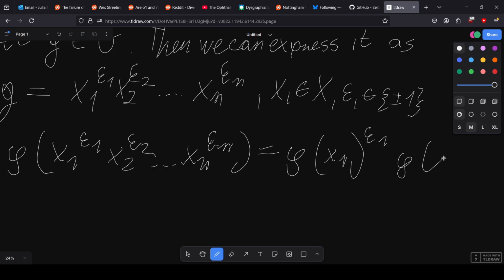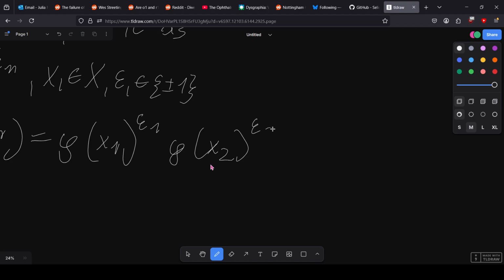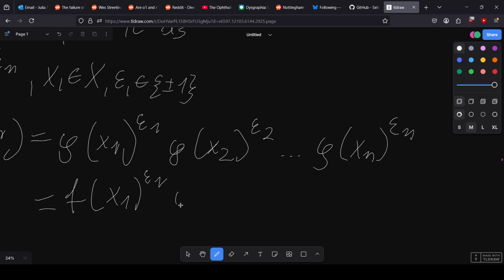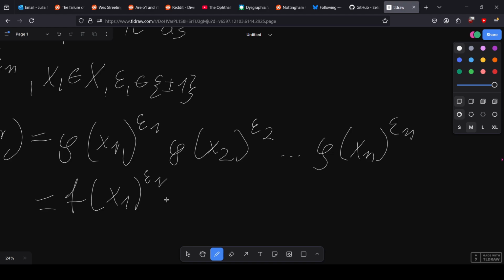we can bring phi inside the expression. And then, because this is an extension of f, as defined earlier, we can turn all of that into f. Notice that the exponents here do actually make sense, because we are operating on something within G, which is a group.